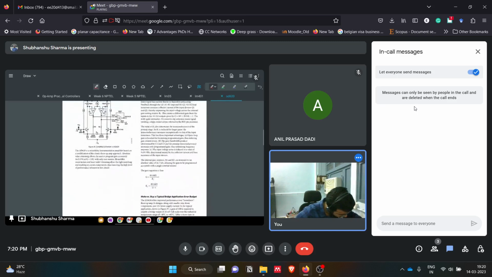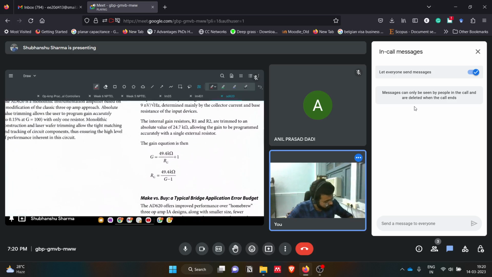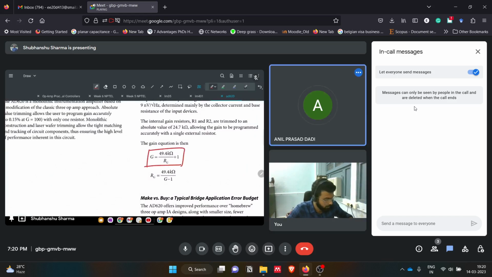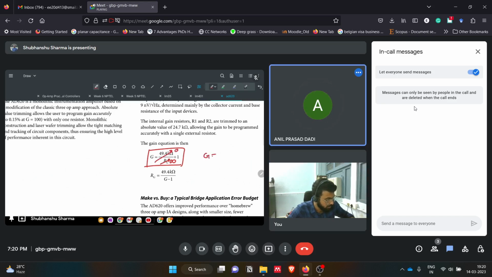See the gain equation. This is the gain equation of this 8620. You can see now 49.4 kilo ohm. So what happens if you make this RG infinity? This whole term will become 0. So then the gain will be 1.